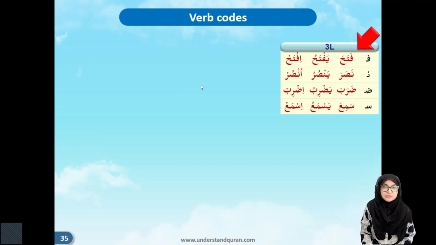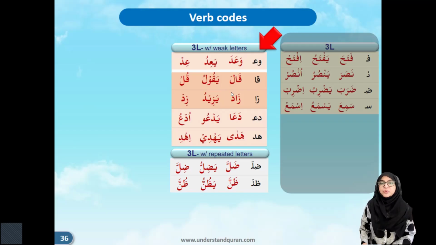And then the weak verbs. The weak verbs are the ones which have the weak letters in them: Alif, Ya and Waw.